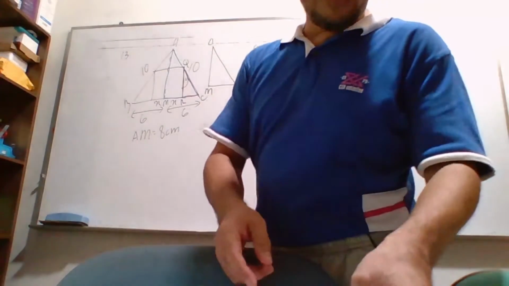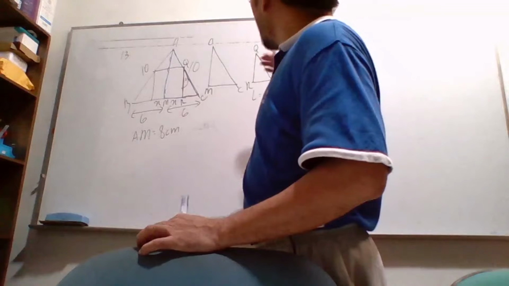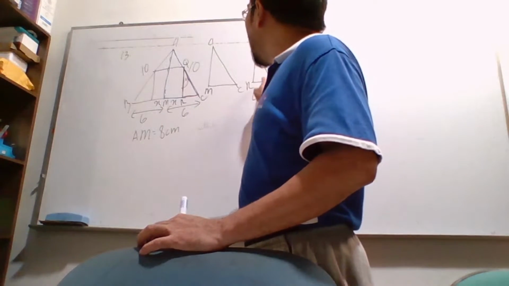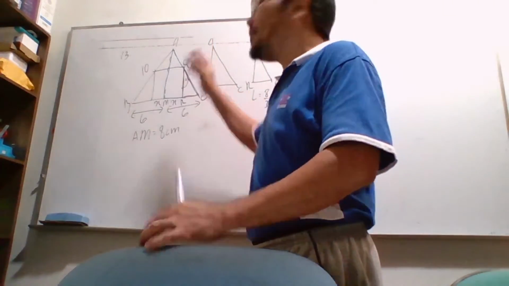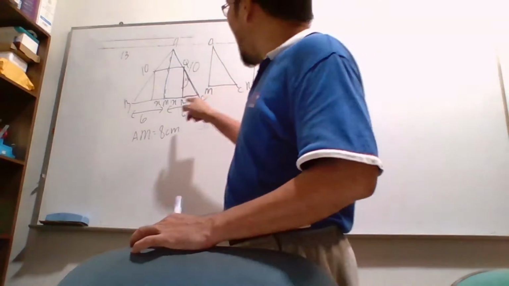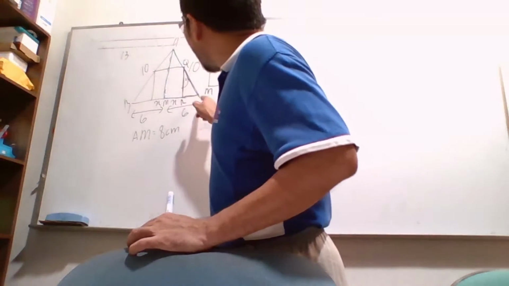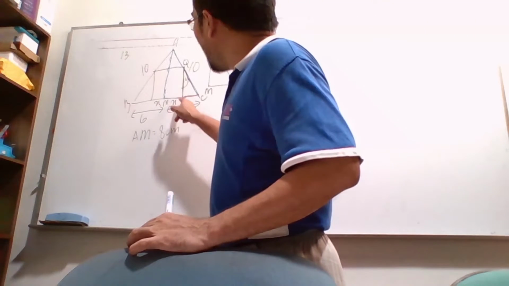So I'm going to say the base over the base is equal to the height over the height. Is there anything unclear here? This RC is 6 minus x.